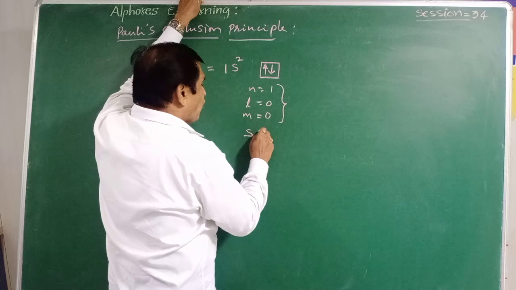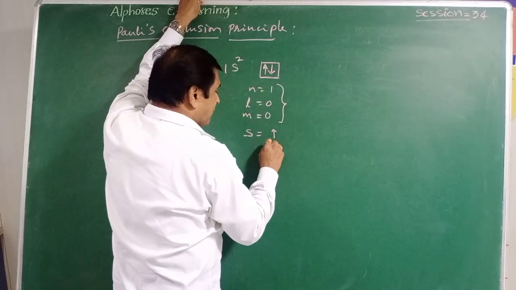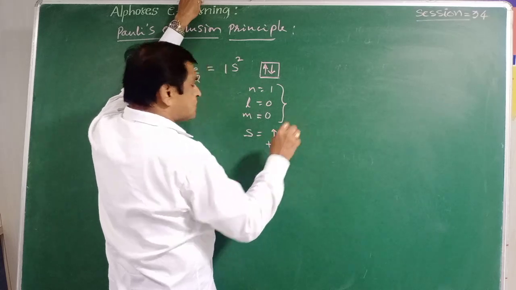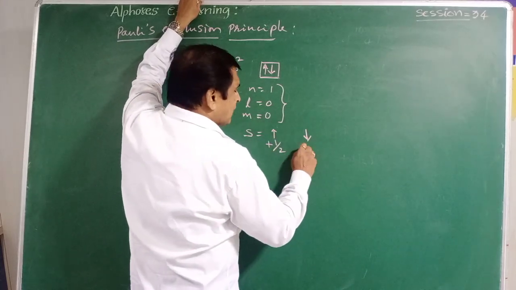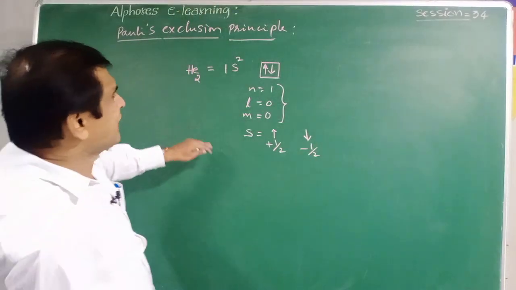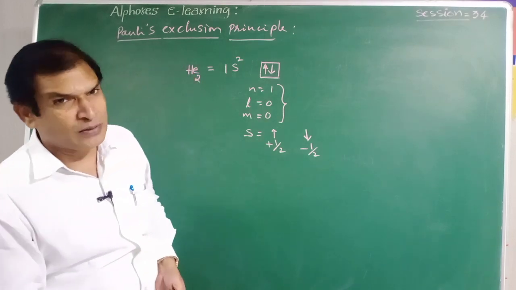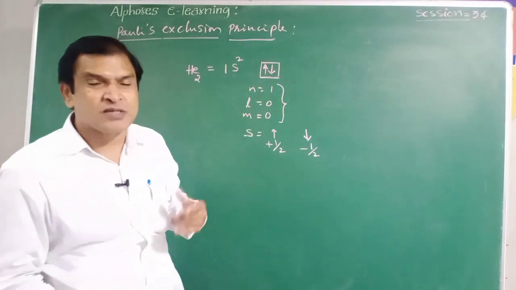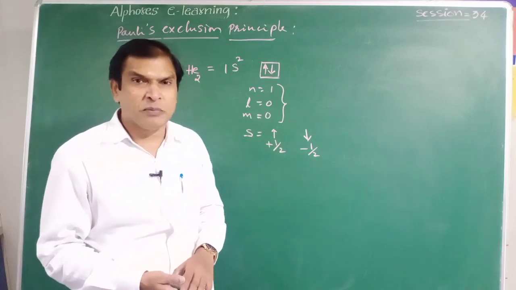One electron has a clockwise spin, with spin orientation value plus half. The other is anti-clockwise, with spin orientation value minus half. So the 2 electrons of the orbital have different spin quantum number values, but the same principal, azimuthal and magnetic quantum number values.